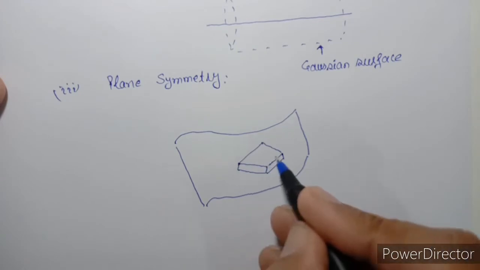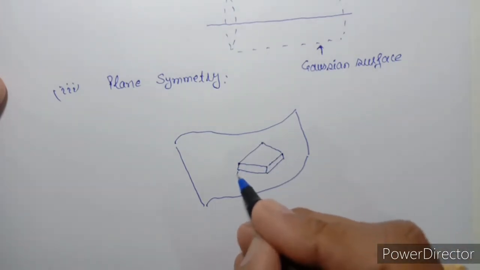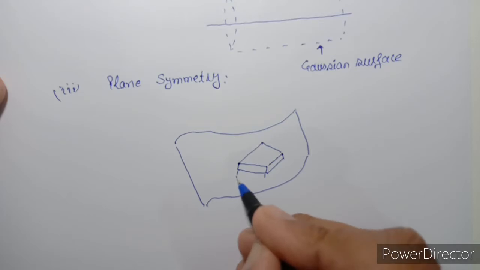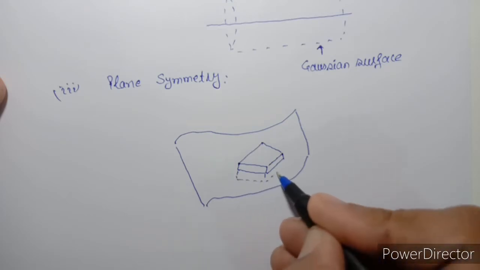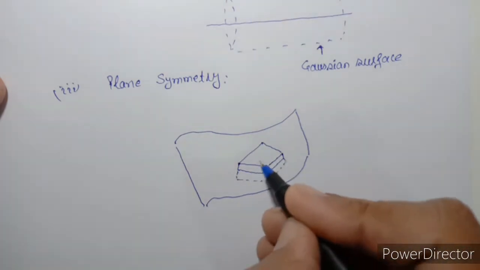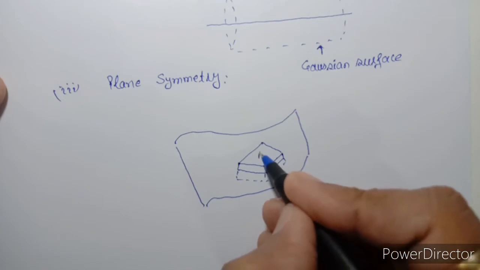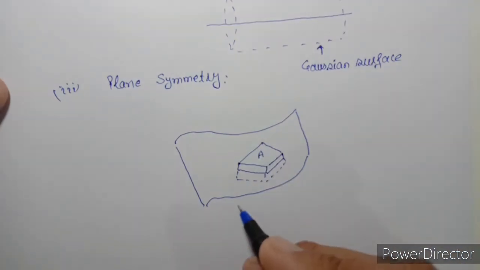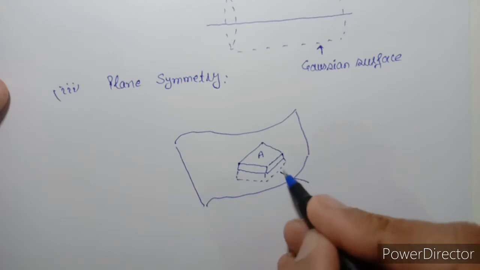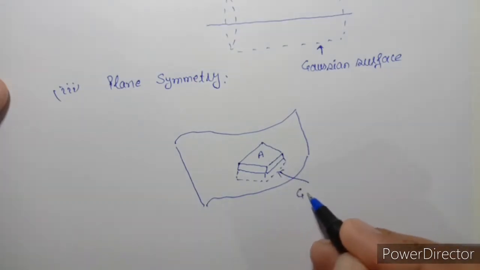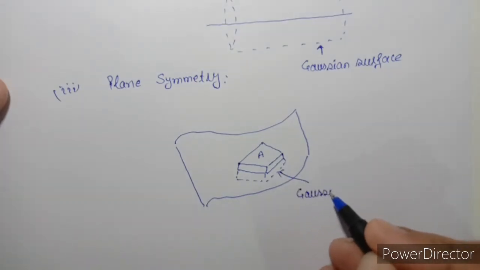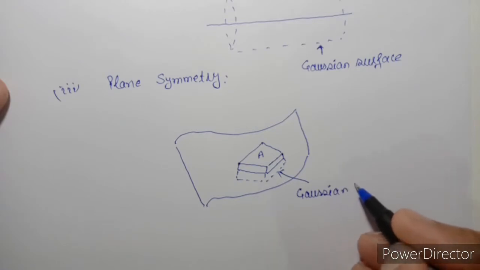This is the part above the plane, and this dotted line shows the part below the plane. The area of this pillbox is A, and this is known as a Gaussian pillbox.